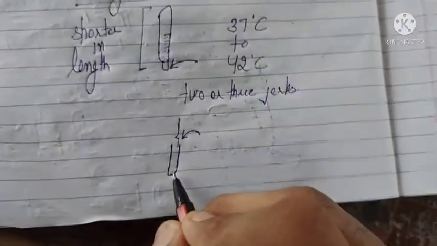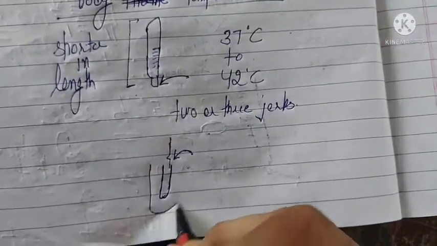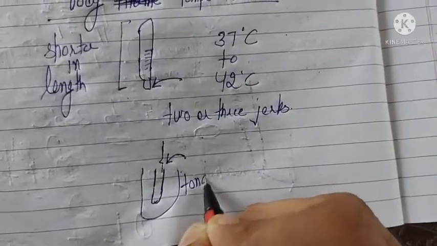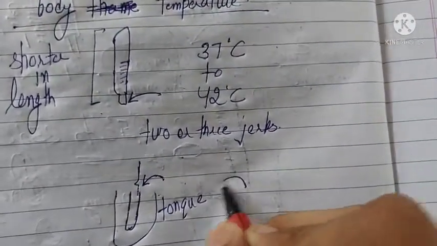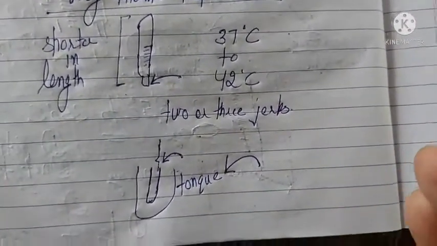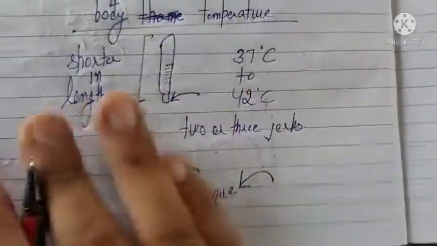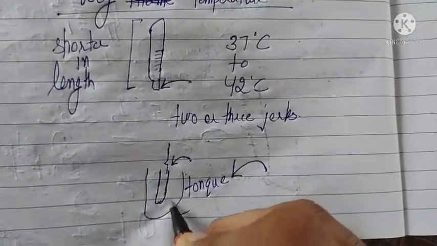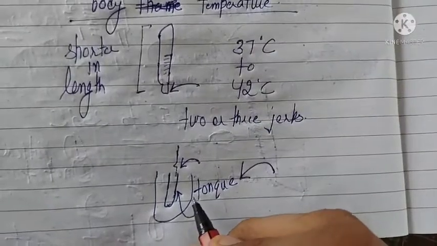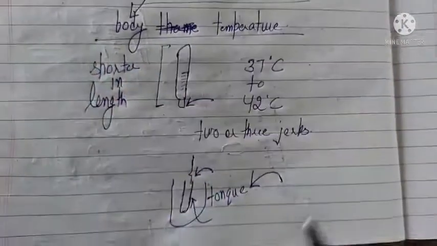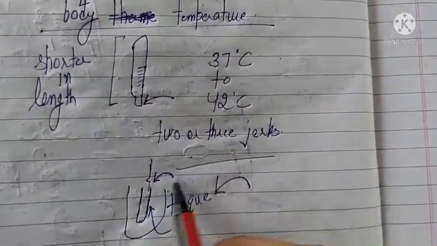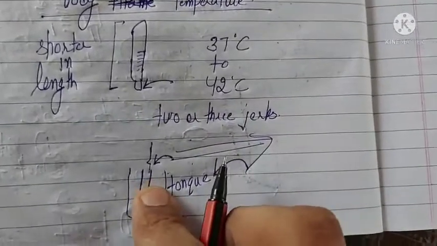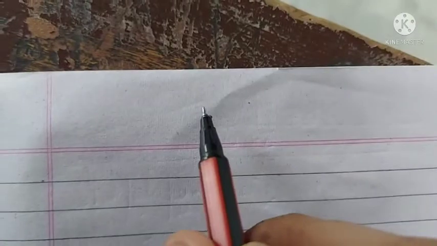The doctor places this bulb under your tongue and he waits 1 or 2 minutes. The level of mercury is going to increase if your body has a temperature. Then he removes the thermometer from your mouth and notes down the reading.